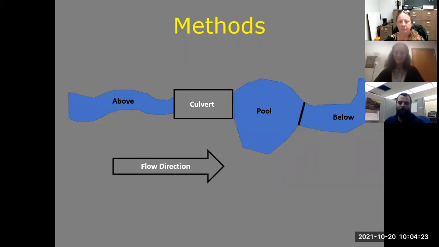We start below on this diagram here, and we sample a standard 40 times stream width upstream to the pool. And we put a block net in between below and the pool so that we didn't push fish into the pool. We wanted to separate out the pool because it's a little bit different habitat because of the culvert drop. So then we sampled the pool, and then we sampled above the culvert.